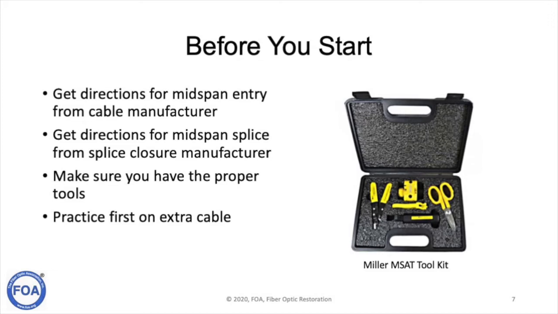Likewise, get directions for the midspan splice from the splice closure manufacturer. Make sure you have the proper tools, like this Miller MSAT toolkit, and take some samples of your own cable and practice before you do it on the real thing. That's very important. Practice first.